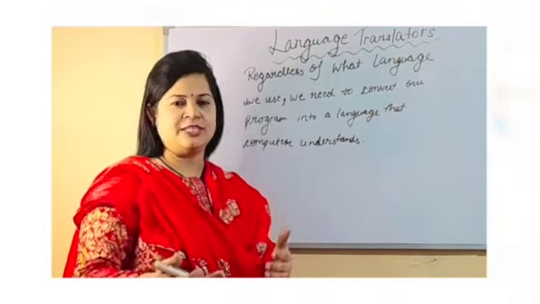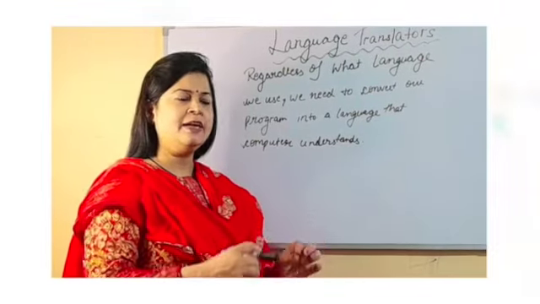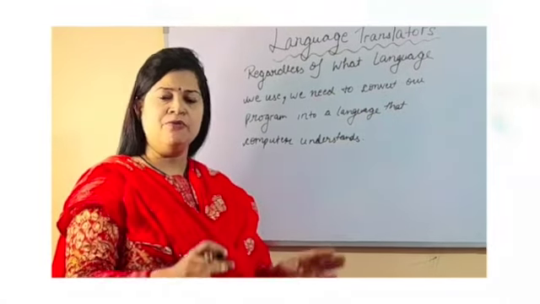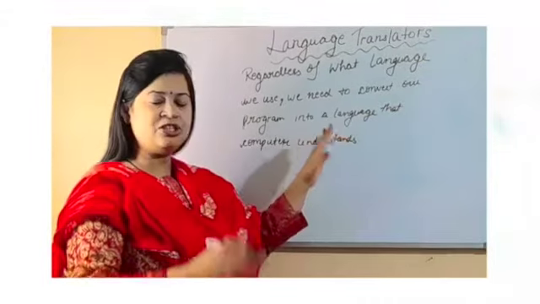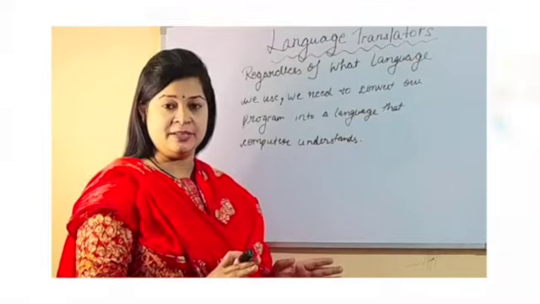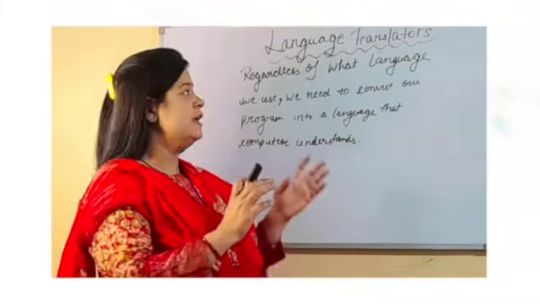Now what to translate? First of all, we must understand that regardless of any language we are using, we have to convert our program into a language that the computer understands. That is the role of a language translator.